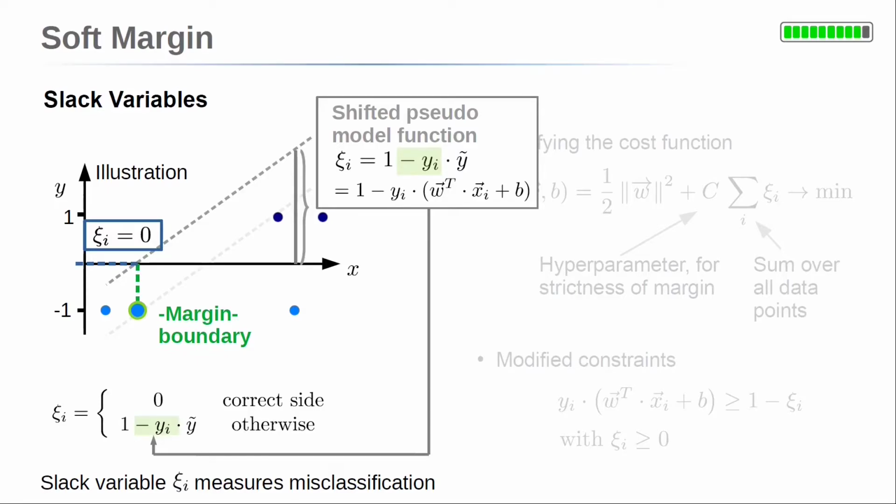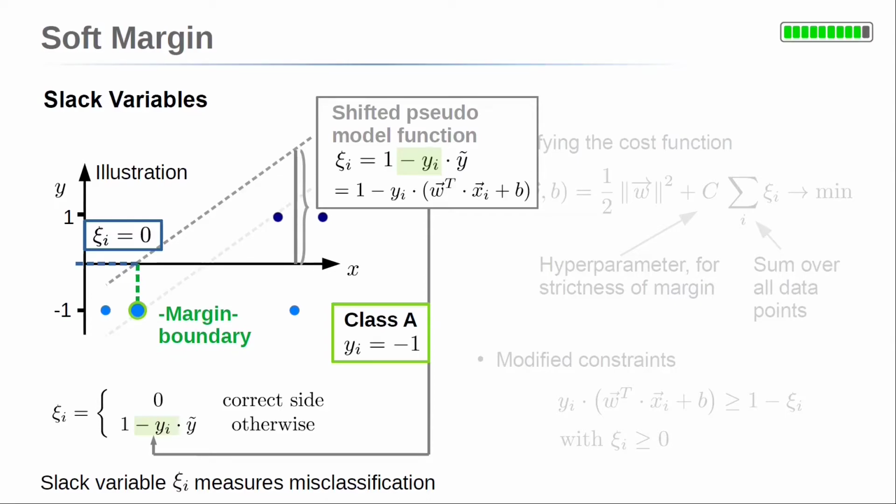So far, we considered only misclassifications of the light blue data points of class A. To incorporate class B as well, we write instead of 1 plus y tilde, 1 minus y_i times y tilde. y_i equals minus 1 for class A. These are the light blue data points.